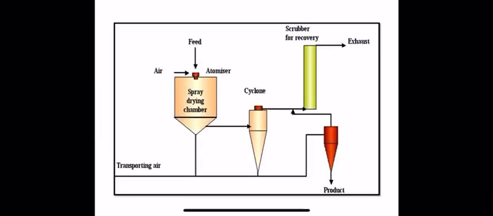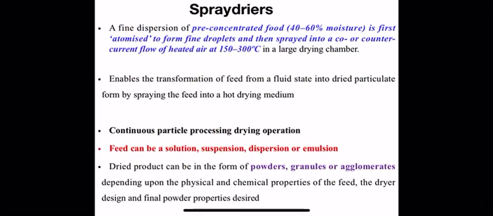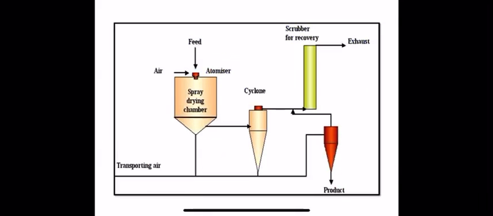As I showed you here, this is the spray drying chamber. You are throwing the feed as well as air into this drying chamber, which is already hot, up to 150 to 300 degrees centigrade.